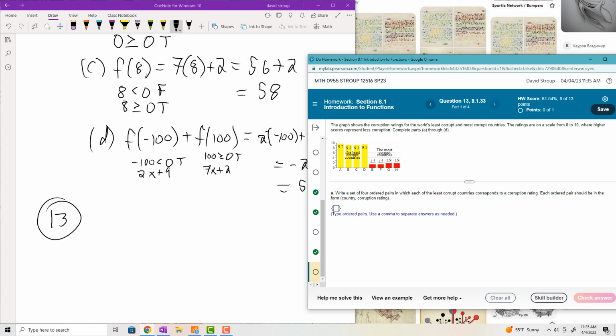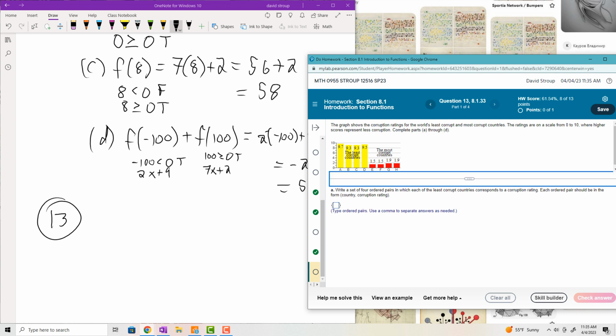The countries are A, B, C, D, E, F, G, H. The least corrupt ones are A, B, C, D. And then they have corruption ratings. So I guess the higher the rating, the less corrupt. Each ordered pair should be in the form country and then corruption rating.